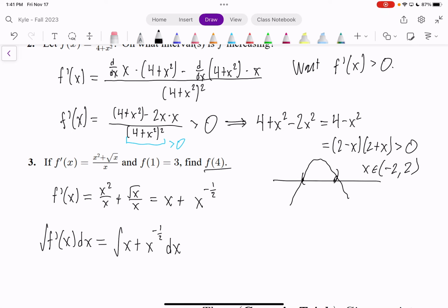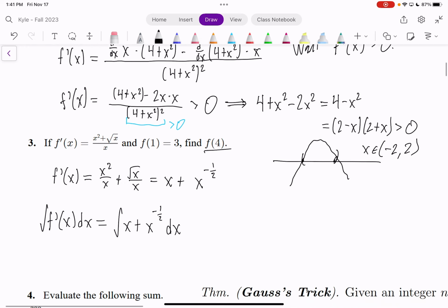We'll use our reverse power rule here: add 1 to the power and divide by the new power. That gives us x to the 2, divided by 2, and we'll add x to the 1/2, and divide. Now, if we're dividing by negative 1/2, this will give us negative 2, right?